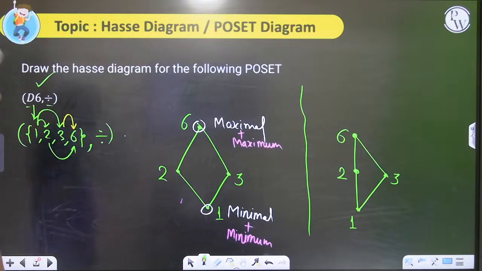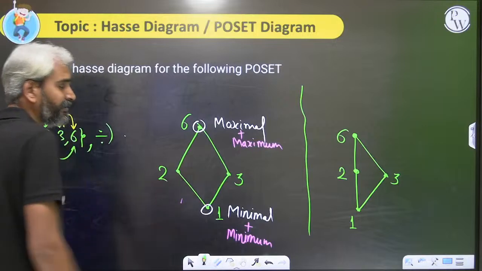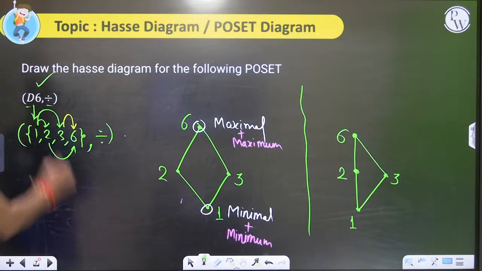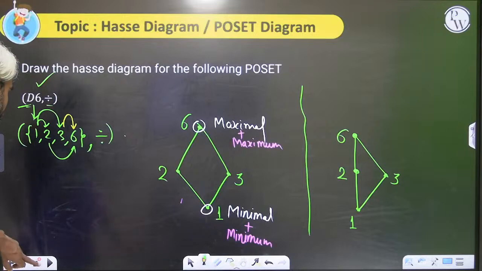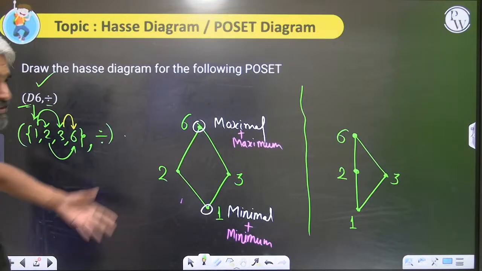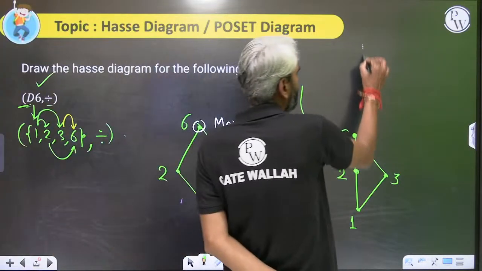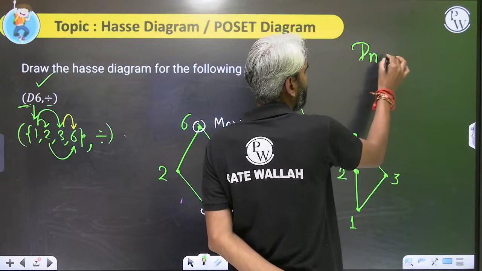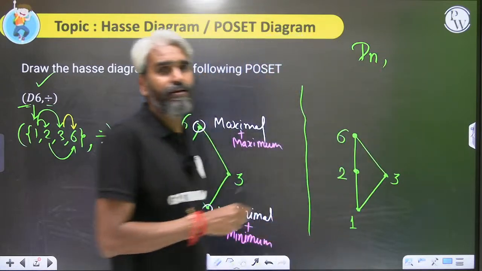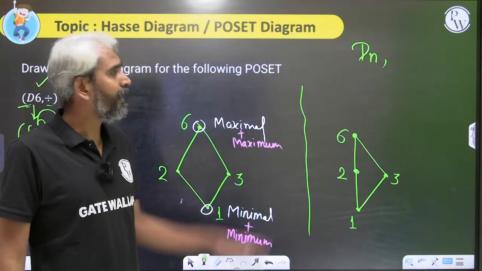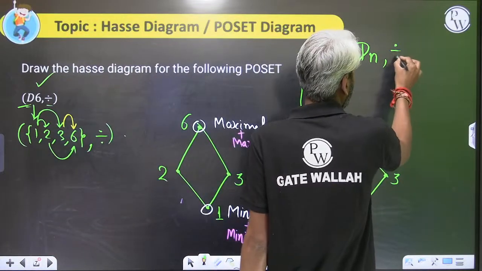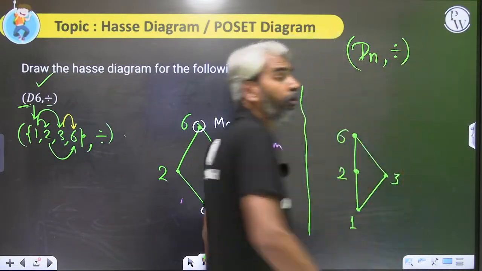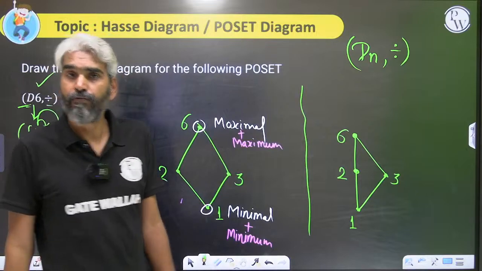Sir, what about this? Sir, again, least upper bound and greatest lower bound exists for every pair of elements because it is D6. So can I generalize? If I have a set Dn, then in set Dn we'll have the least upper bound for every pair of elements as well as the greatest lower bound for every pair of elements. So the set of all divisors of n with respect to divides will always be a lattice.